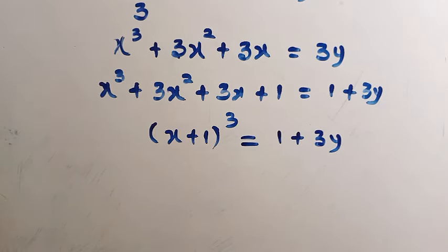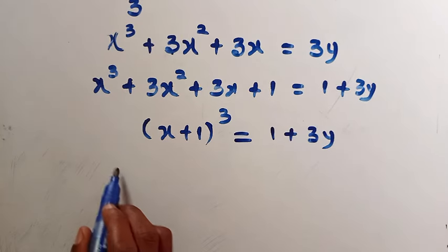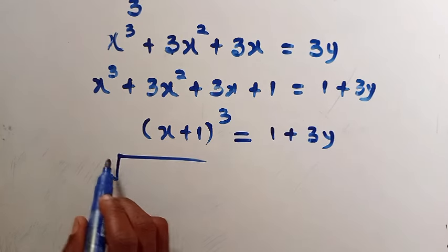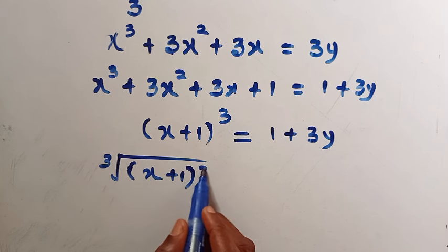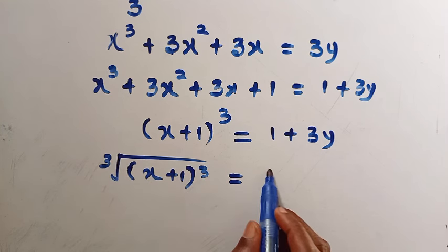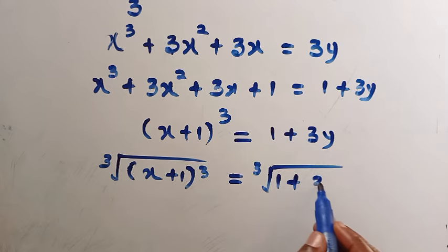So the next step is, I want to make x the subject of the formula. We have to take the cube root of both sides. By taking the cube root of x plus 1 raised to power of 3, this will equal the cube root of 1 plus 3y.